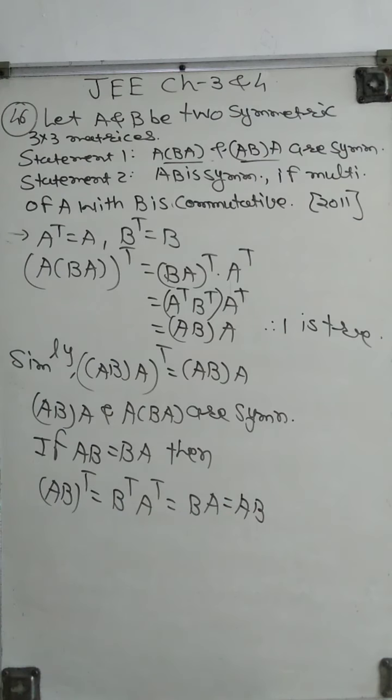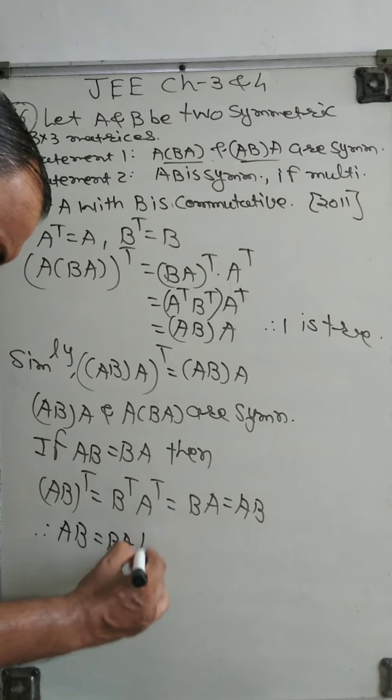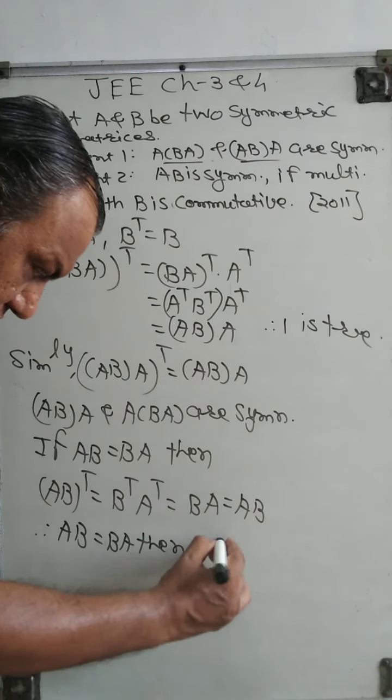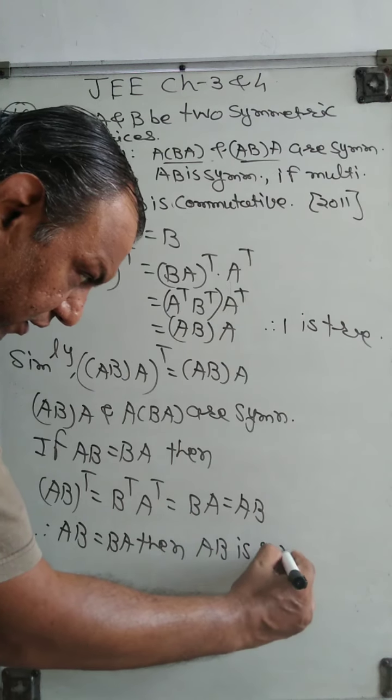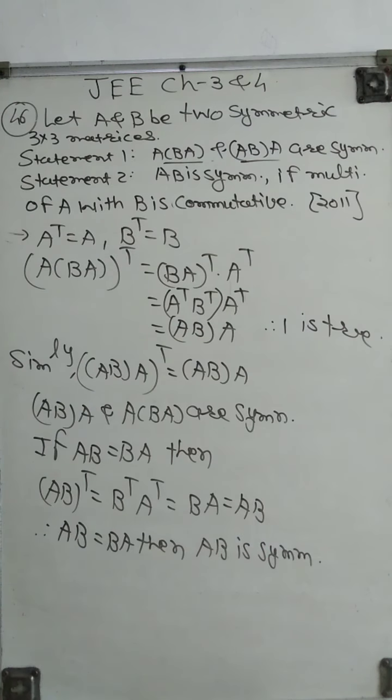Therefore, we can say that if AB equal to BA, then AB is symmetric. So therefore statement second is also true.